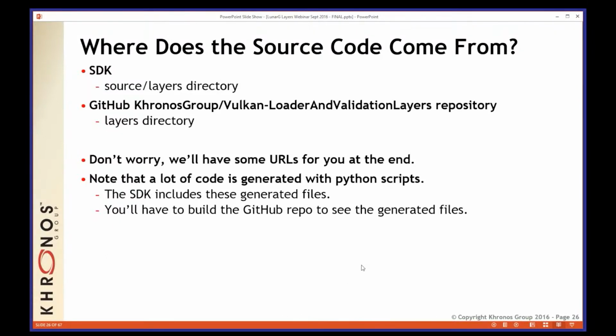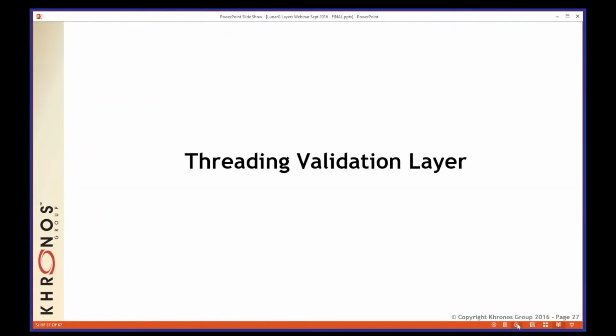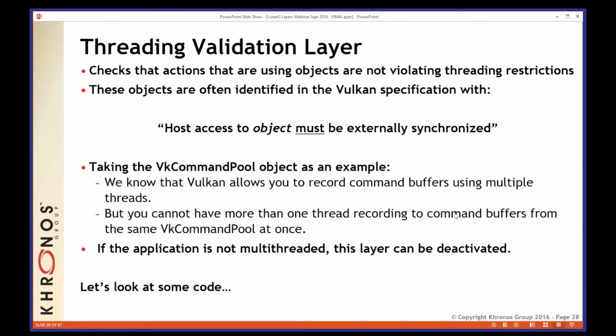The downside is that you need to run something to generate those files. In the case of the SDK, LunarG has generated those files for you, and they are part of the SDK. But if you're looking at the GitHub repo and want to look at the generated files, which you'll have to do very shortly, you'll have to actually build the repo, or at least run the Python scripts for it. So the first layer is the threading validation layer.